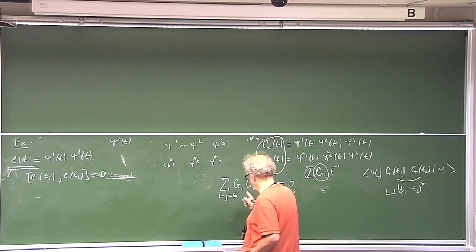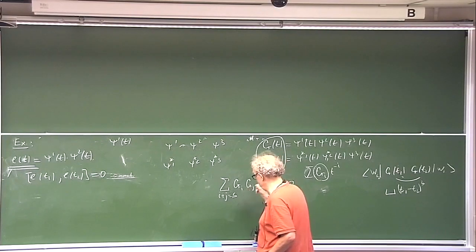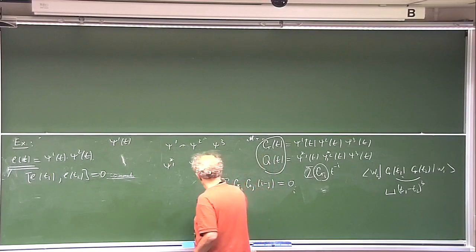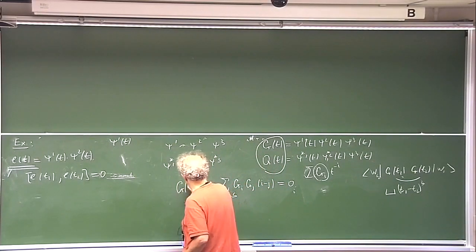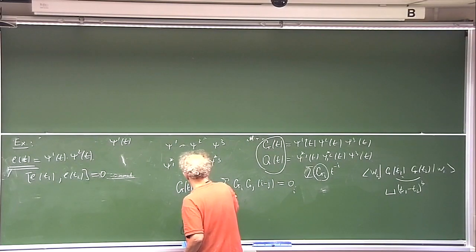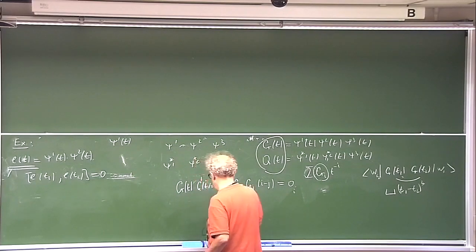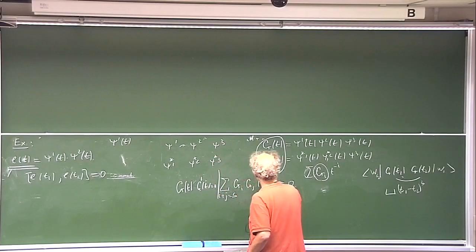So such an operator satisfies this relation. In terms of generating function, it means that G(t) times G'(t) is 0. The similar story holds with Q.